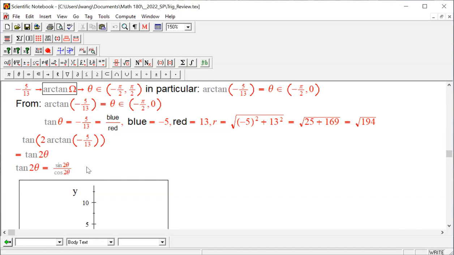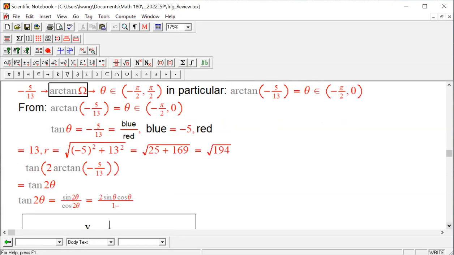In that case, we get sine theta multiplied by cosine theta, and we can use 1 minus. Let me make the fonts a little bit larger.